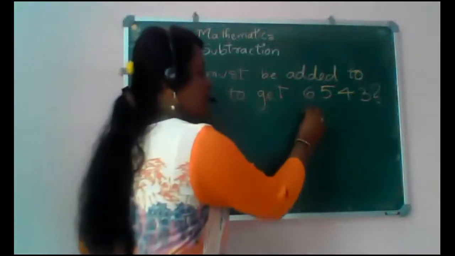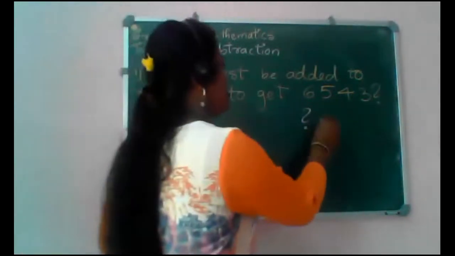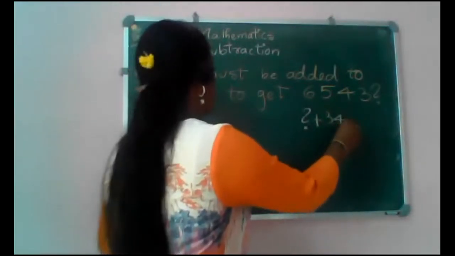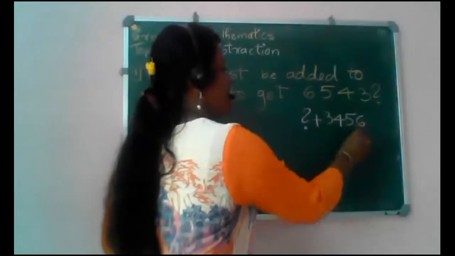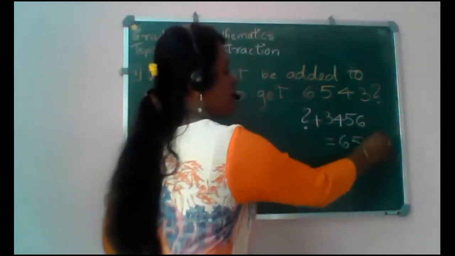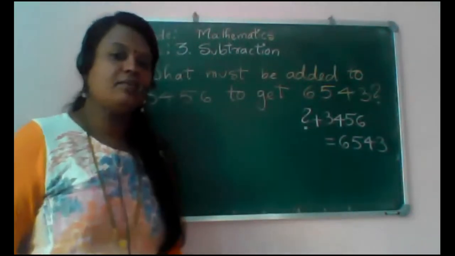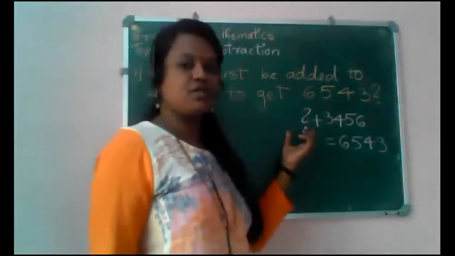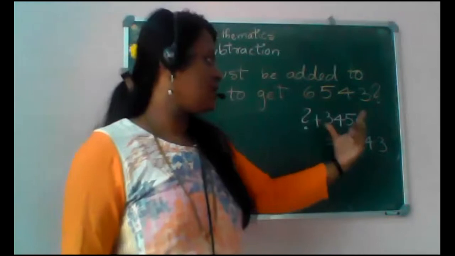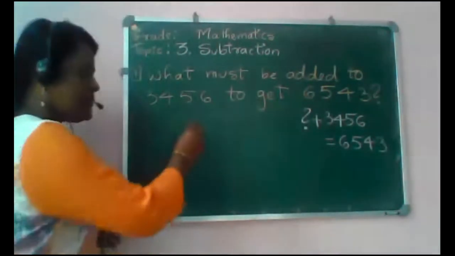If you can diagrammatically represent, what is the number that needs to be added to 3456 in order to get 6543? It's very simple that you could make out that some number should be added, which should of course be more than this in order to get the result. So here we go for subtraction.